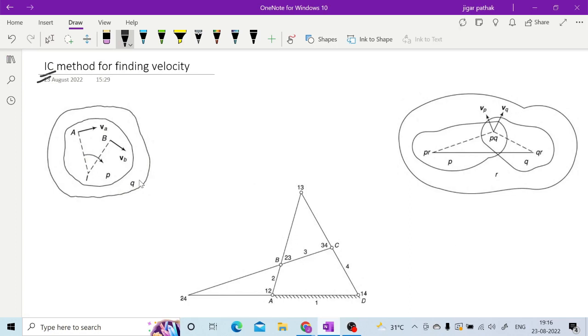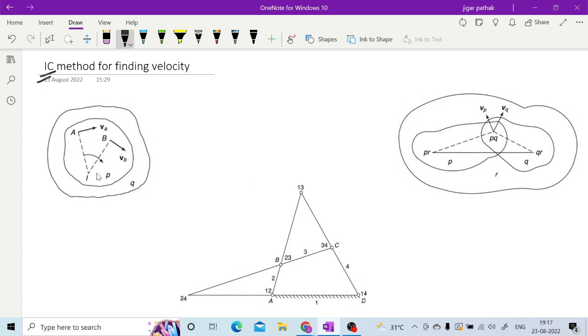Instantaneous center method means whenever a particular body has relative motion with respect to another body, it can have simultaneous motion, like rotary as well as linear motion, right? When you consider the motion of a link as rotating motion around a particular center, it is considered as the instantaneous center.